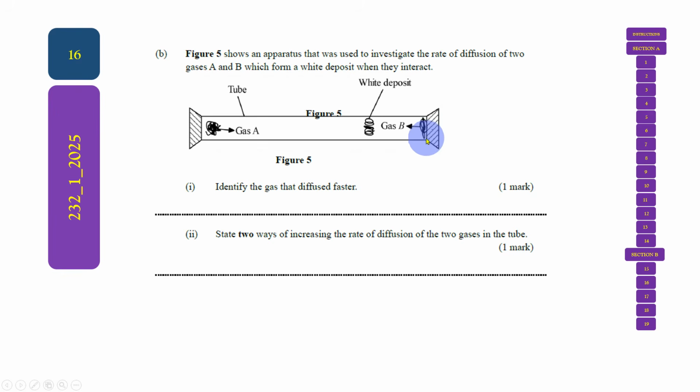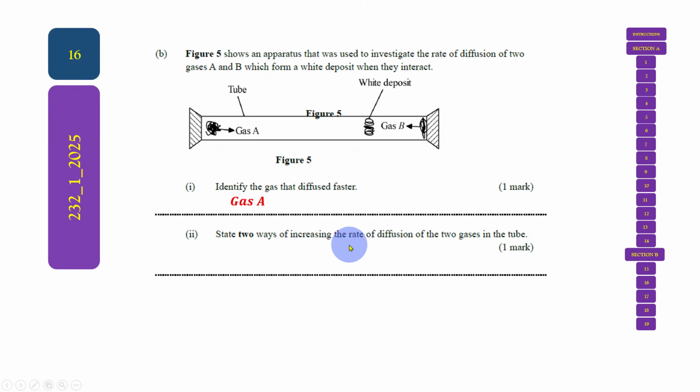There was gas B, gas A, and you can find that the white deposit was formed closer to gas B. So the gas that diffuses faster is the one which covers a longer distance in the same amount of time. So identify the gas that diffused faster. That is gas A.